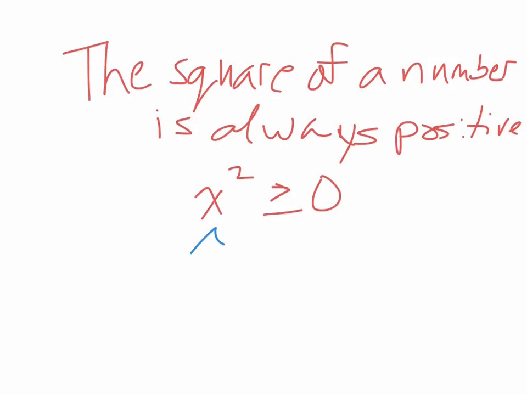That's important to realize. If I gave you negative 3 squared, negative 3 times negative 3 makes 9, and I showed you that on the last slide. The inverse of squaring is the square root.